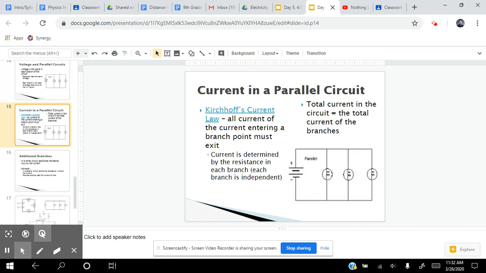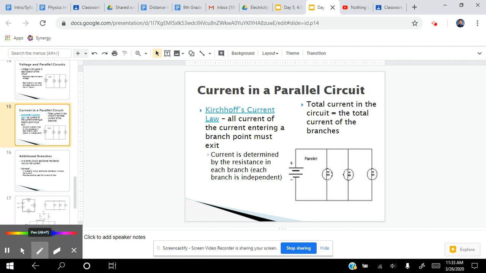All right, now current in a parallel circuit. Now we have Kirchhoff's current law, where we are saying all current entering a branch must exit. So basically the total current in the circuit is the total current of all the branches. Once you figure out the current in every individual branch, that is your total current of the entire system.